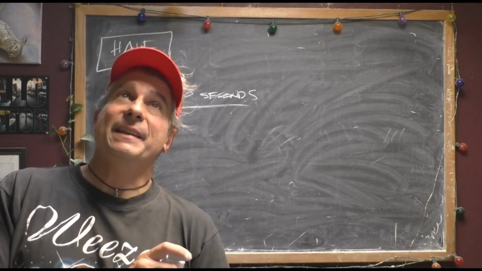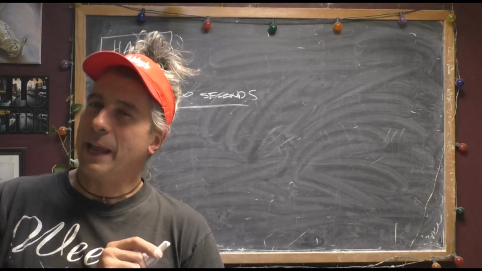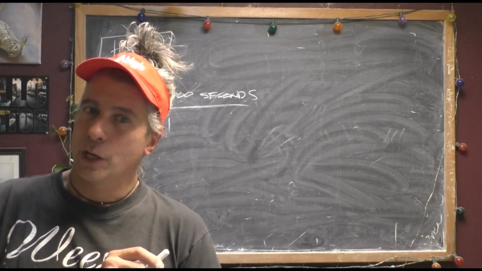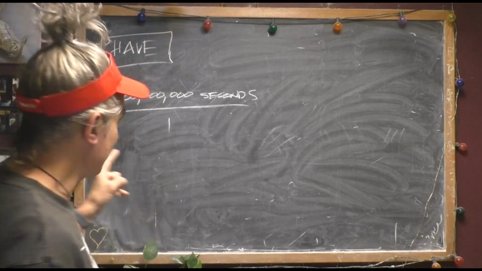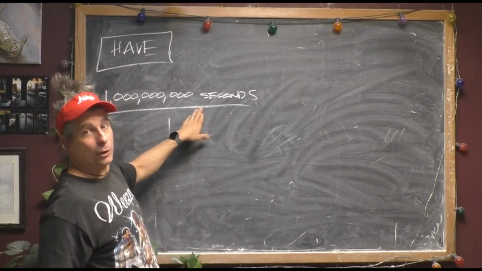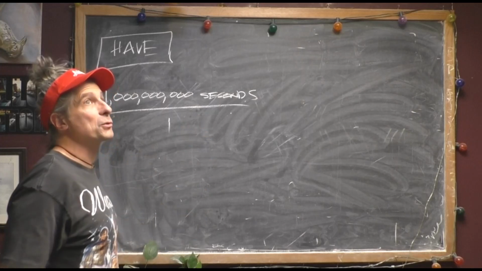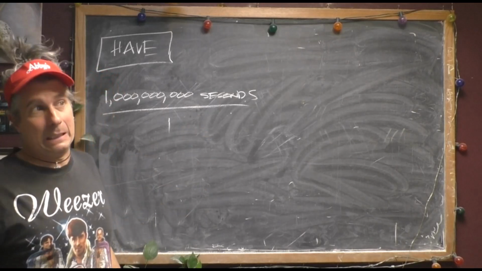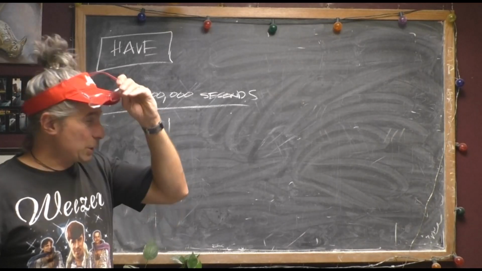If 1,000,000 seconds was about 12 days, this is 1,000 of those, right? 1,000,000 with 3 more zeros is 1,000,000,000, which is 1,000 million. So it's going to be 12,000 days. I think years makes the most sense. I think we should go to years.